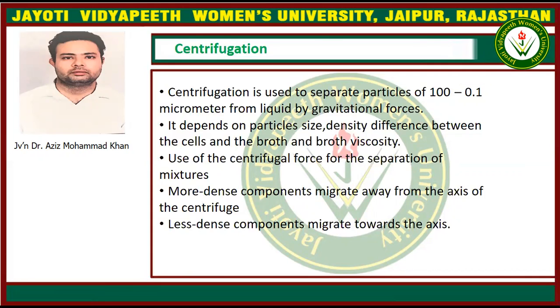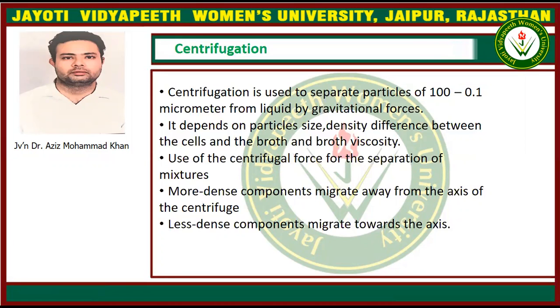The separation depends on the particle size, density, and the difference between the cells and viscosity of the cells. If they are more viscous, then more particles will be settled down.